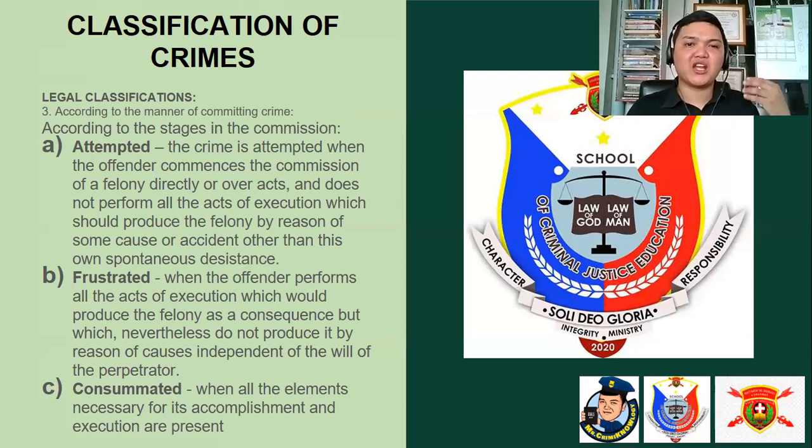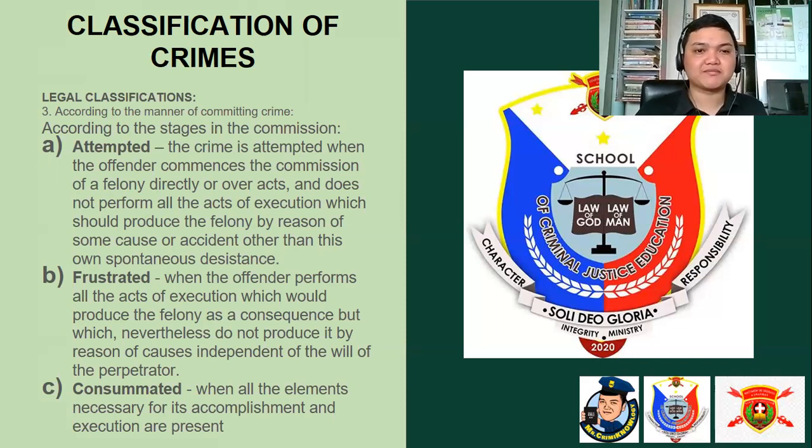So, meron siyang ginawang krimen, pero hindi niya nagawa lahat ng dapat niyang aksyon para makumpleto yung paggawa ng krimen. Merong mga incidents, merong mga reasons bakit hindi niya nagawa, such as pwedeng napigilan, pwedeng siya ay nahuli, pwedeng siya ay nag-failed, hindi niya na-perform lahat.